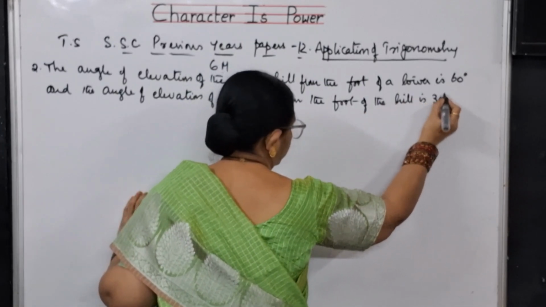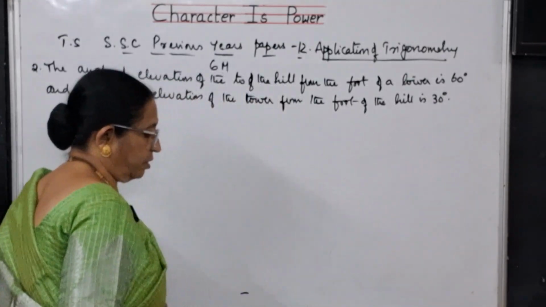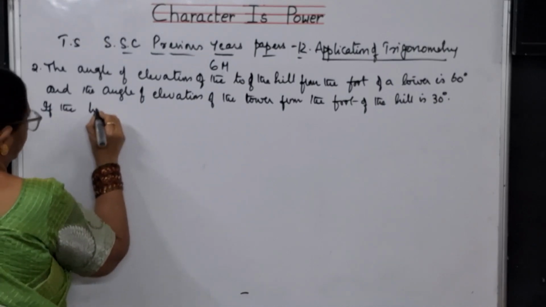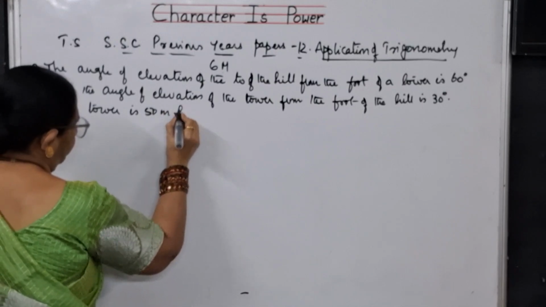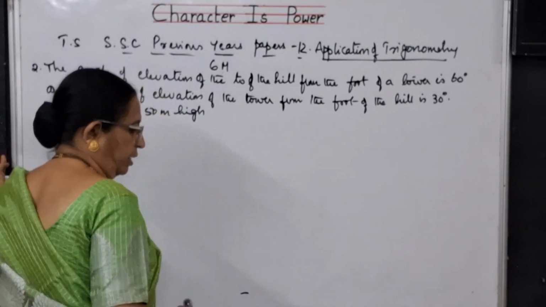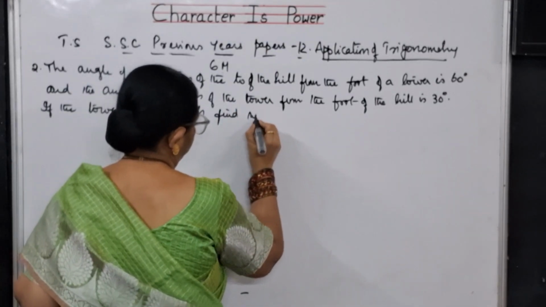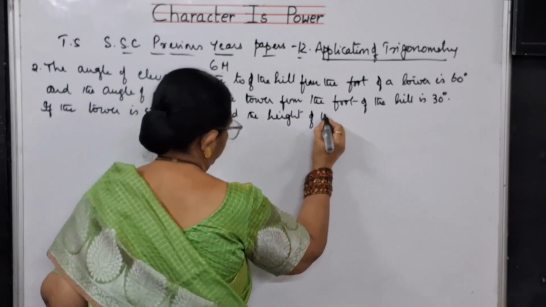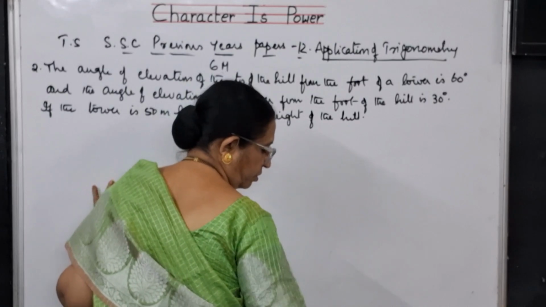If the tower is 50 meters high, find the height of the hill. This is the question, children.